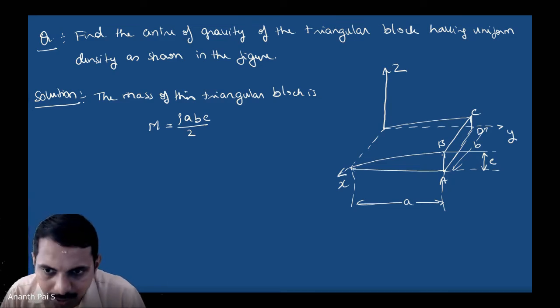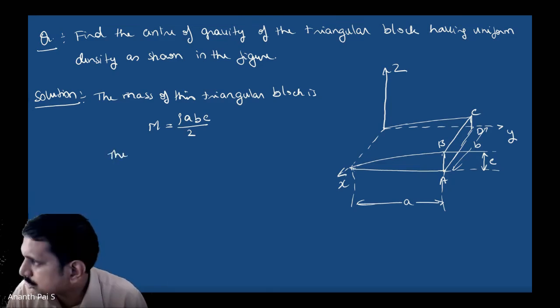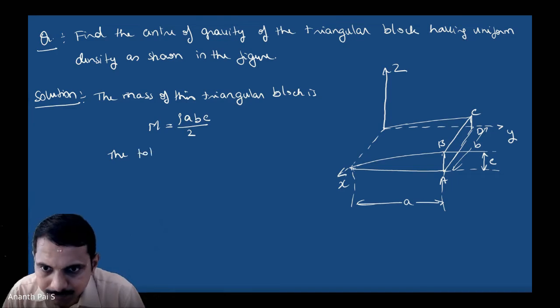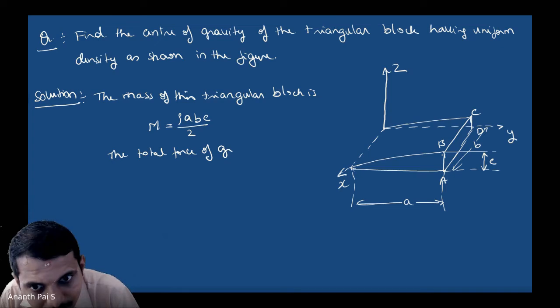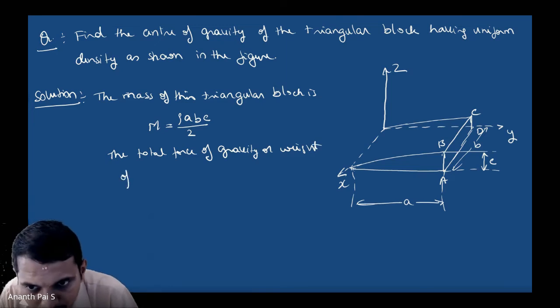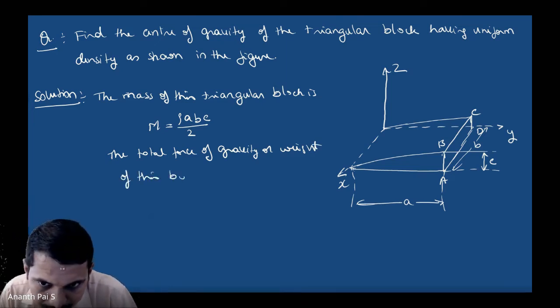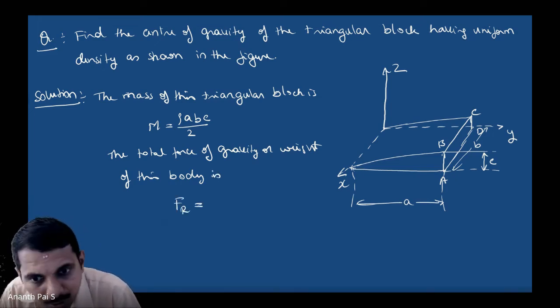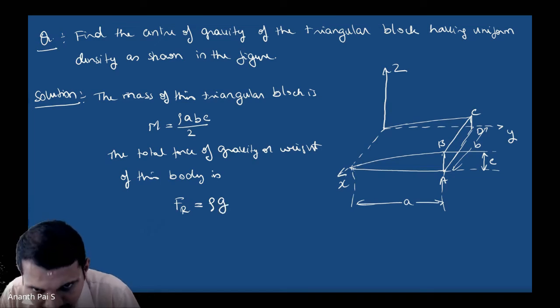Agreed? So now the total force of gravity, or weight of this body, is Fr equal to rho into G into ABC by 2.